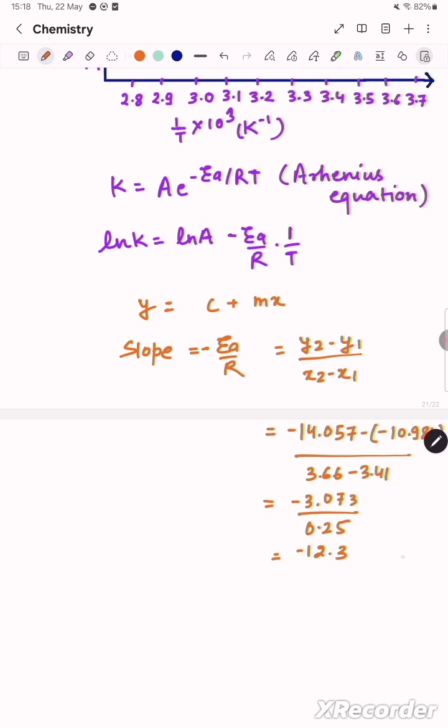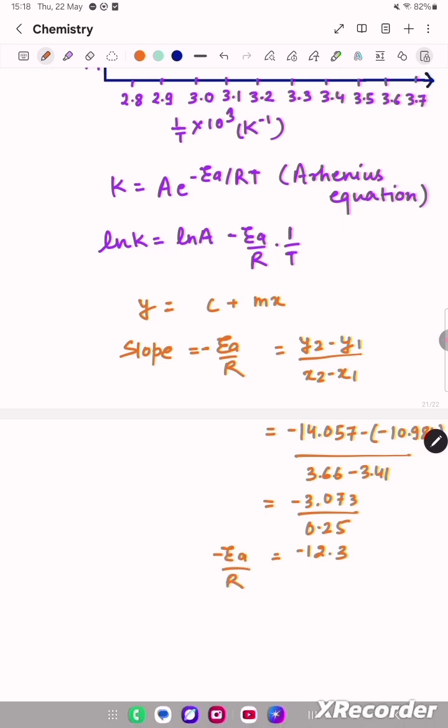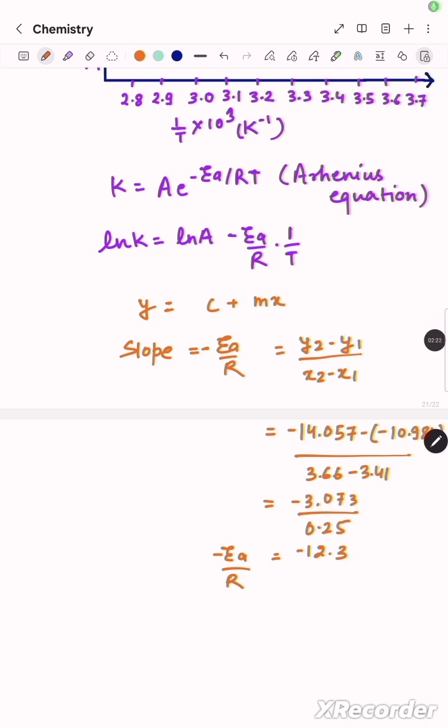And this is the slope value, that is slope value is minus EA by R. Now this will become minus EA is equal to minus 12.3 multiply by R, that is gas constant 8.314.